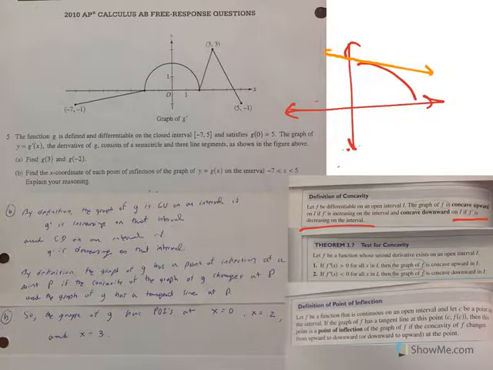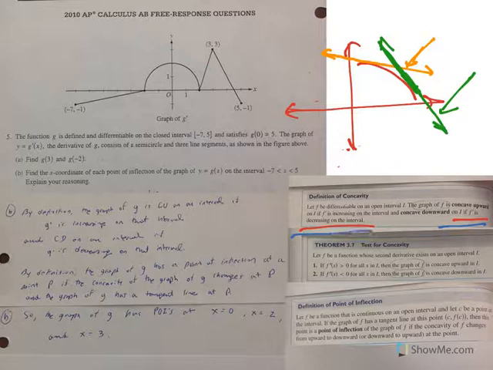So here's one tangent line, and here's another tangent line. So I should make it touch. Here's another tangent line. Okay, there we go. And you can see that the slope of the yellow tangent line, how does it compare to the slope of the green tangent line? Well, the slope of the green tangent line is less than the slope of the yellow tangent line. So that means f prime is decreasing.